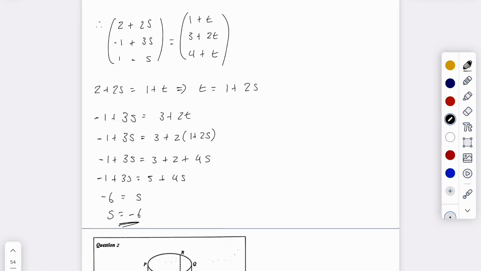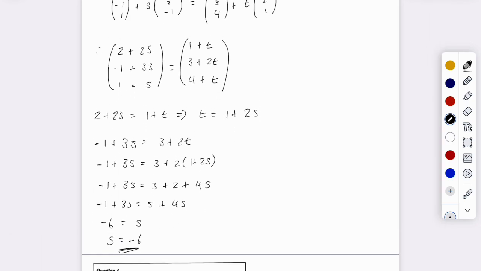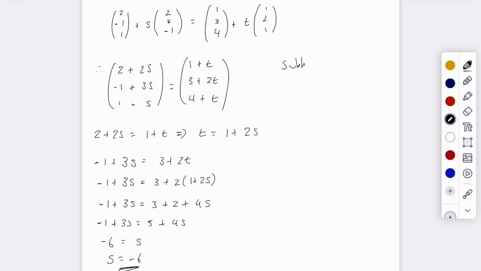Therefore, the value of t is going to equal, subbing s into t, we get t is equal to 1 plus 2 times minus 6. So t is equal to minus 12 plus 1, which is negative 11.